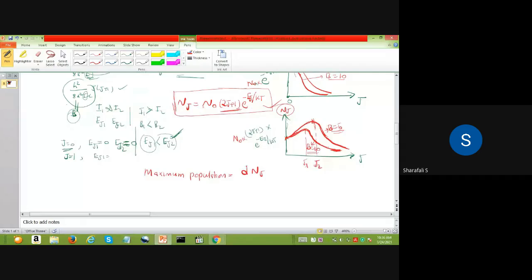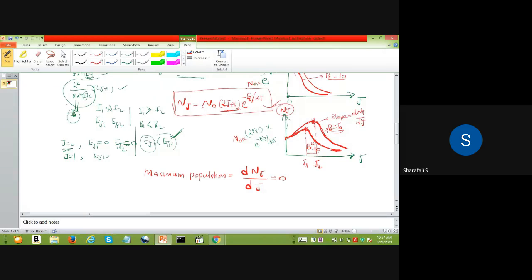So dnJ by dJ should be equal to 0. Then we get the maximum of this curve. At this point, the variation with respect to J will be 0, or what we are measuring here is the slope of this curve. The slope of this curve is dnJ by dJ, dy by dx.